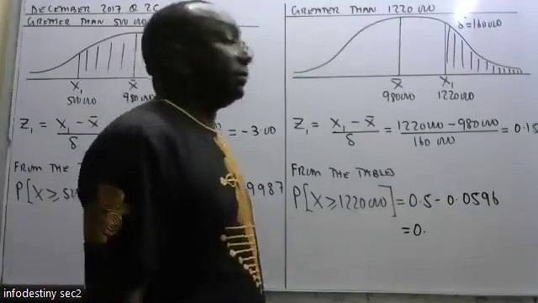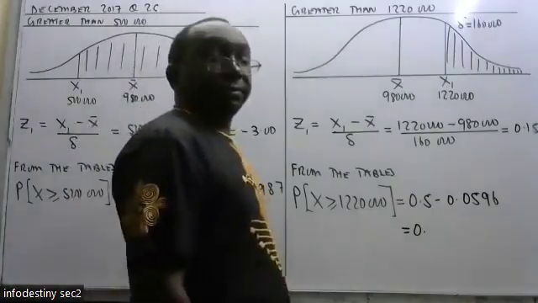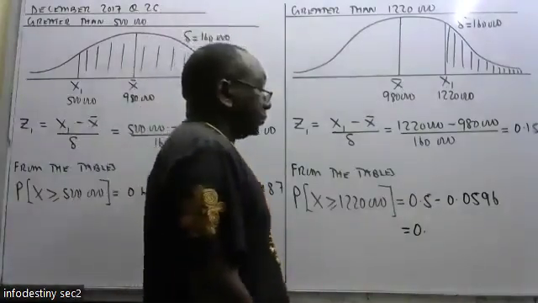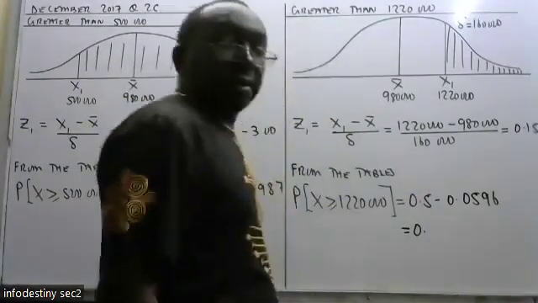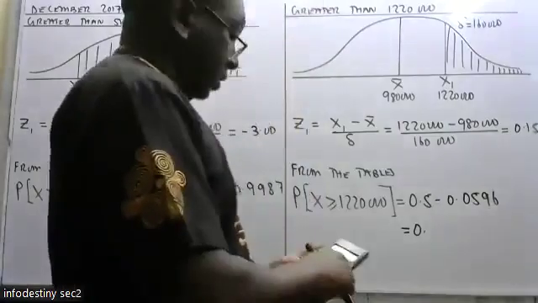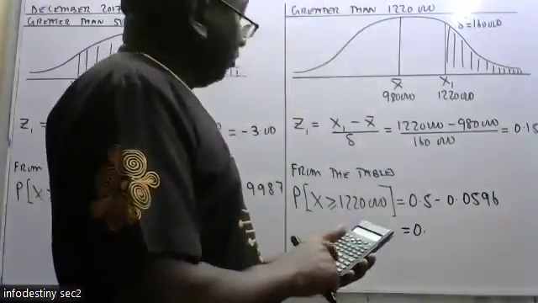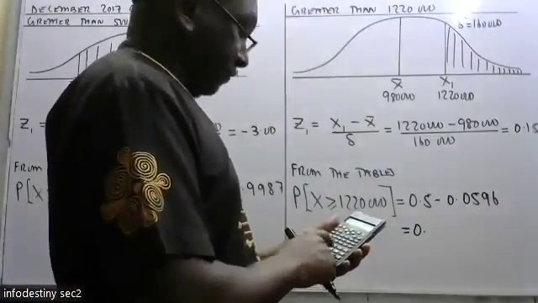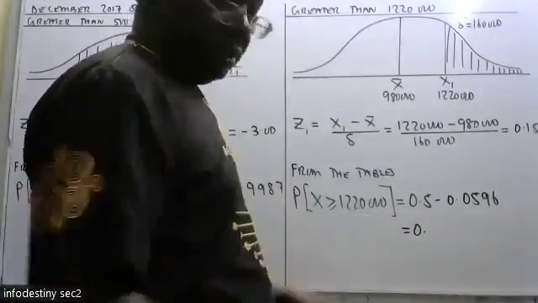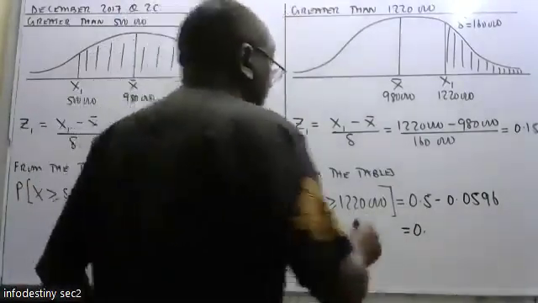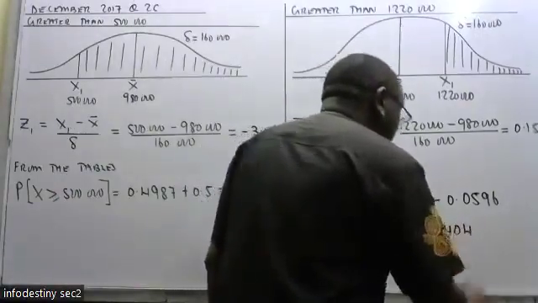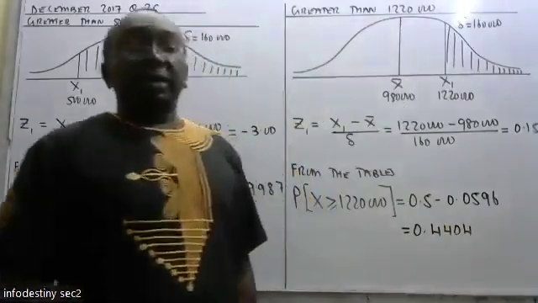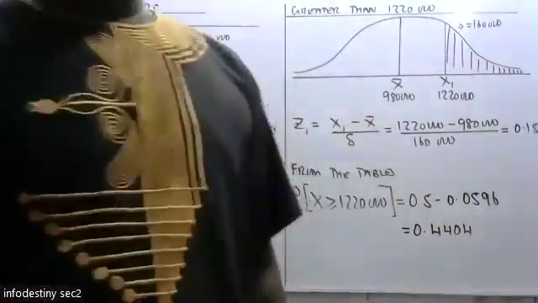Yes, 0.5 minus 0.0596 is 0.4404. So that is the probability.